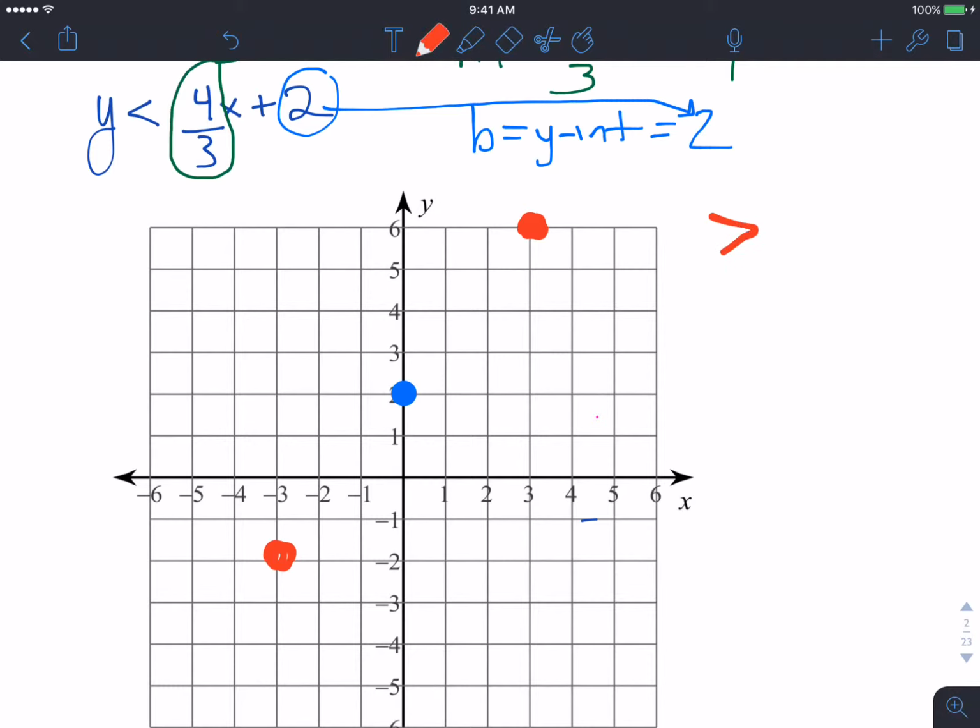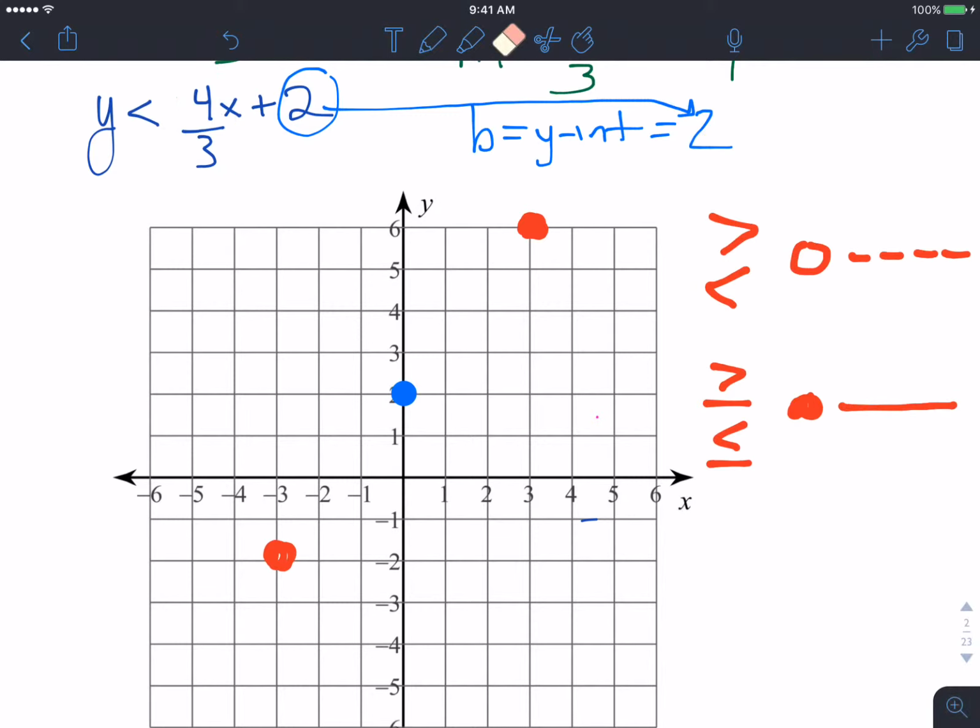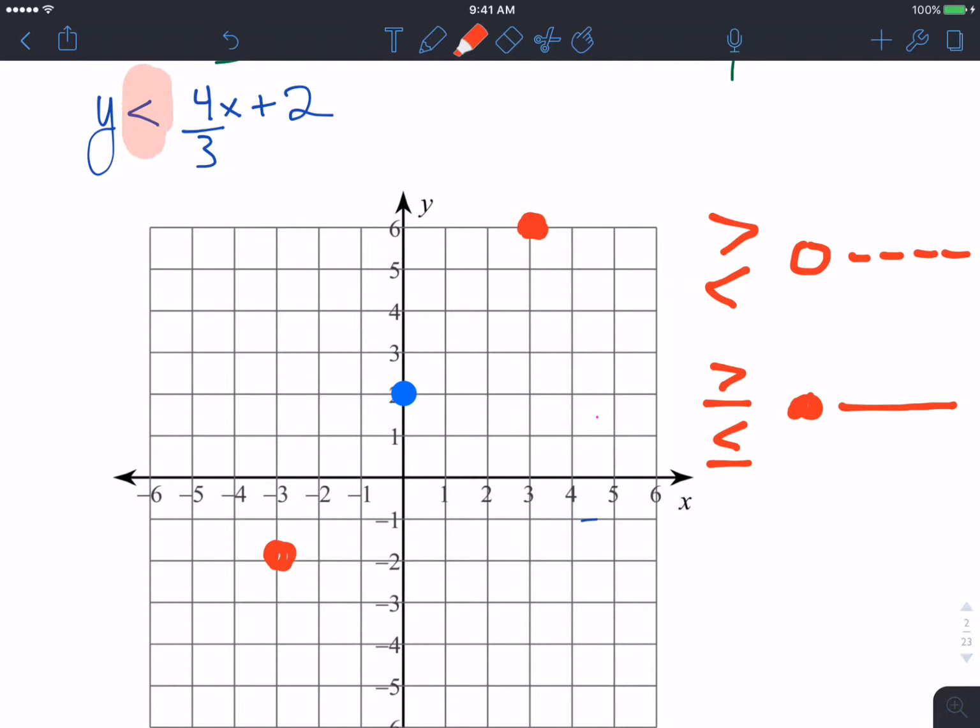Now, these get an open circle or dashed lines. And if it's the equal to, they get a closed circle or solid line. If you take a look, my symbol here does not have an equal to.